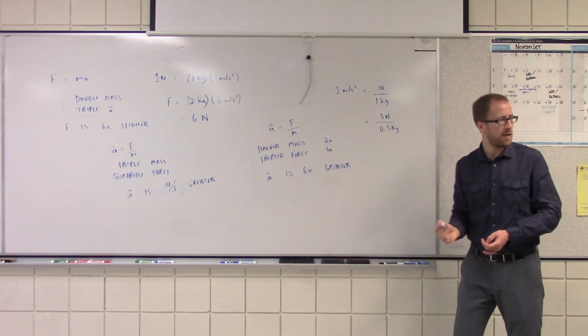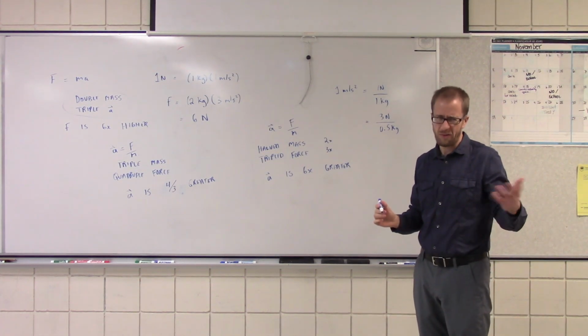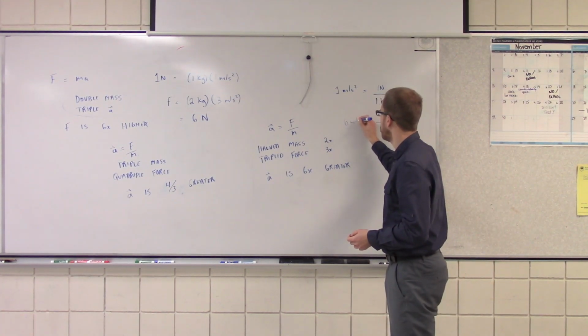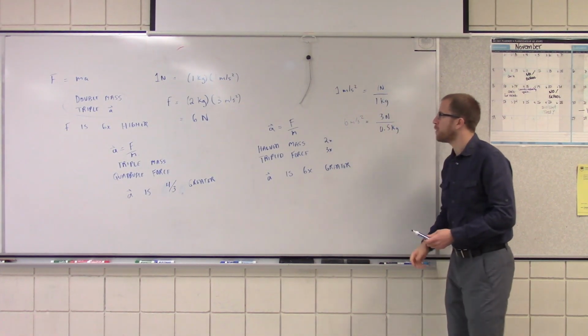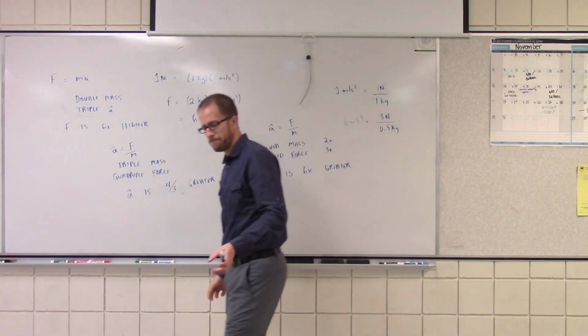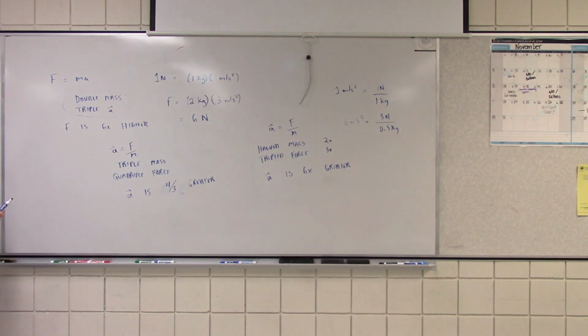Well, what's 3 divided by 0.5? It's 6. Divided by 0.5 is the same as multiplying by 2, right? So that would be 6 meters per second squared. So again, if you're ever confused, you can just plug in fake numbers, okay? Any questions?